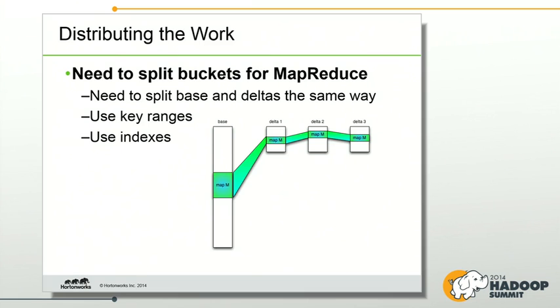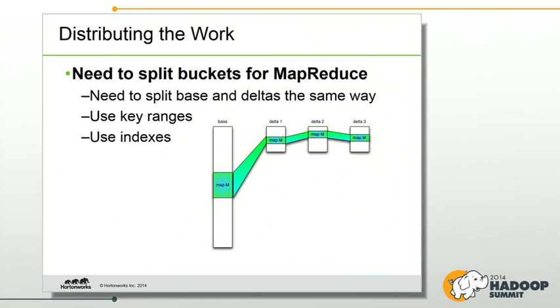Now, one of the critical pieces is that you don't want to lose your capability of sharing the work between mappers, right? One of the important characteristics of Hadoop is that it can divide files into parts and have different tasks work on the different pieces.